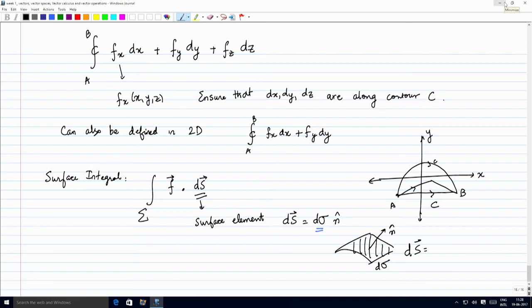Let me mention the third type of integral, which is also something that you see regularly in quantum mechanics. That is the volume integral. Here we are particularly referring to the 3D volume integral of a scalar field.